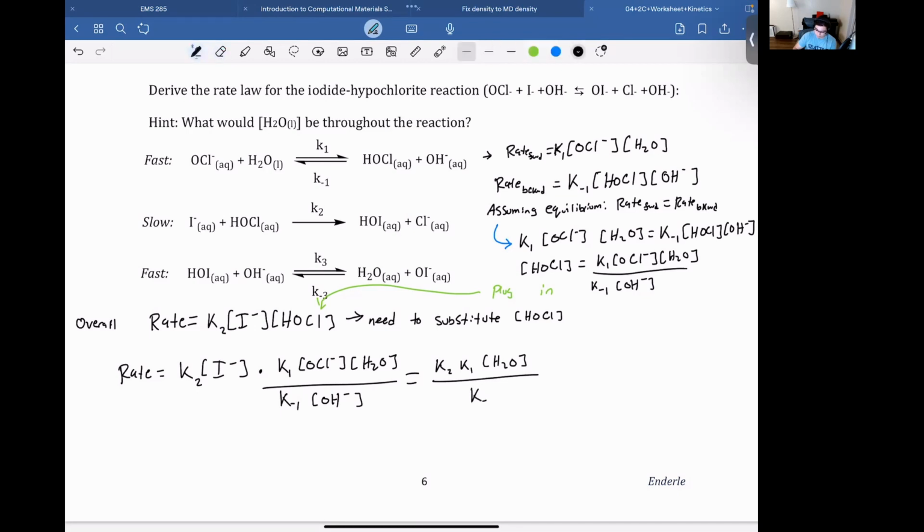So lumping all my equilibrium constants and the water, then we end up getting this. So this whole thing we're going to say is K, and the water is 1 because it's a liquid. So we don't really consider it.